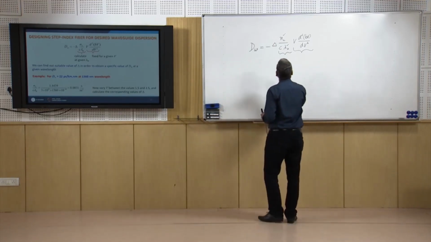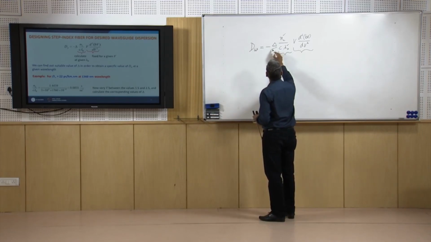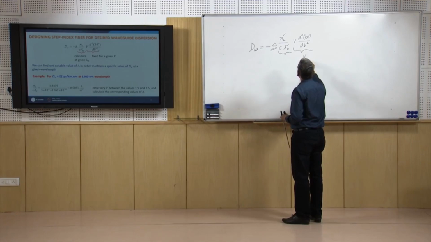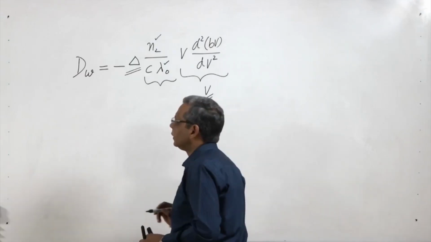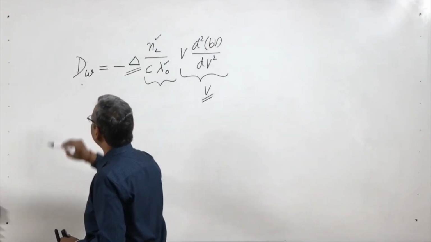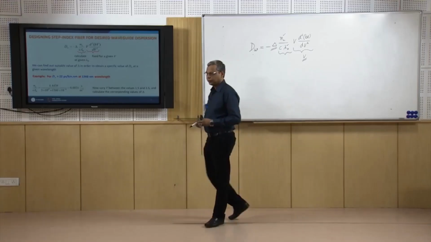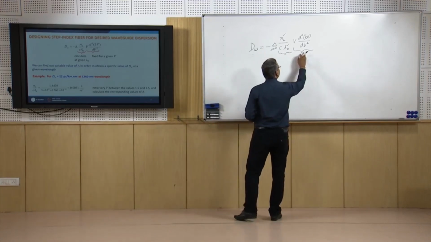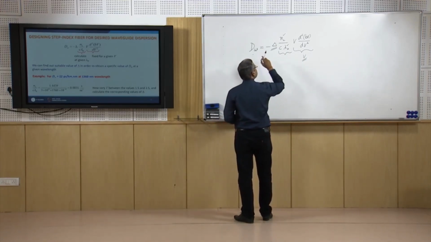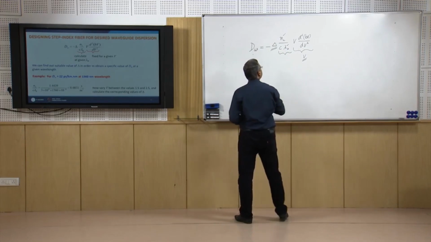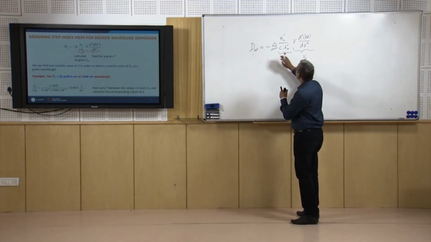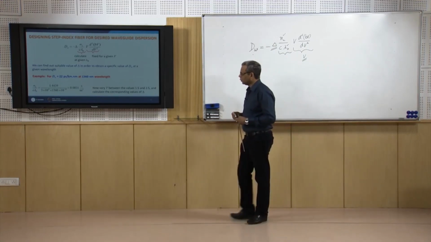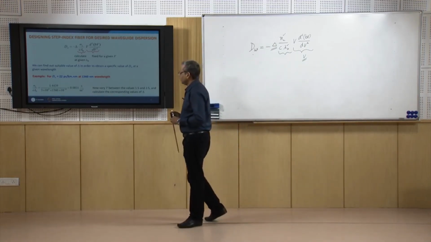Then what I can do is change delta for a given value of V, and then I can obtain a desired value of dW. So, if I fix dW, then I change the value of V and change the value of delta, then an appropriate combination of V and delta can give me a desired value of dW.